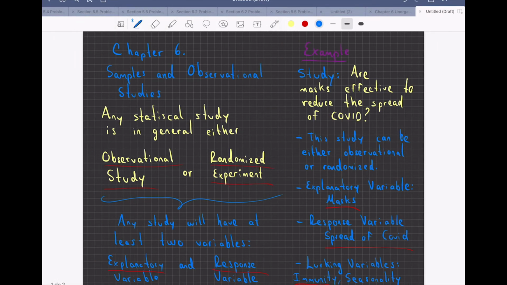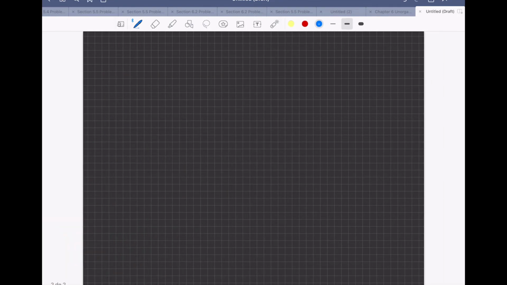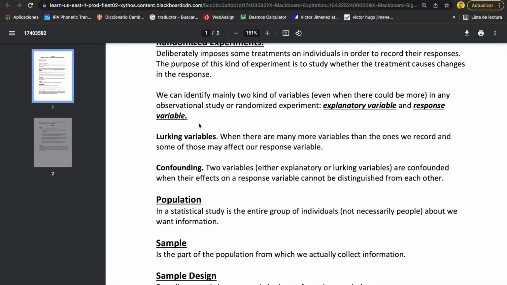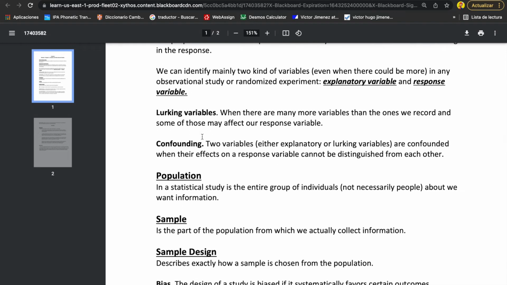Now, the concept of confounding: two variables, either explanatory or lurking variables, are confounded when their effects on a response variable cannot be distinguished. So in this case, we can say, for example, the variables mask and immunity in this kind of study are confounded, because it's hard to distinguish the effects of those on the response variable.